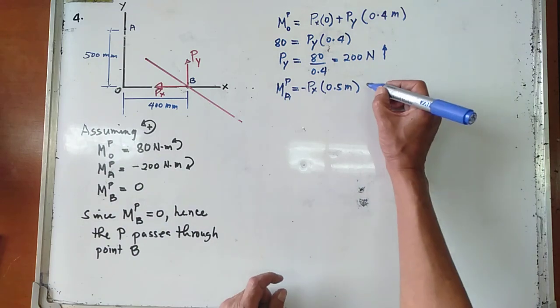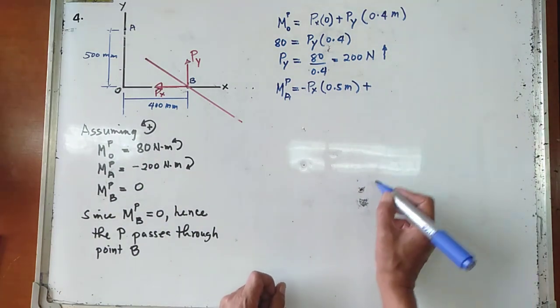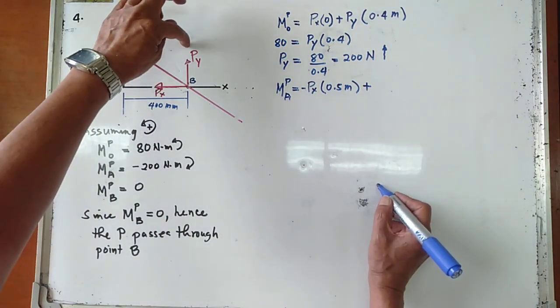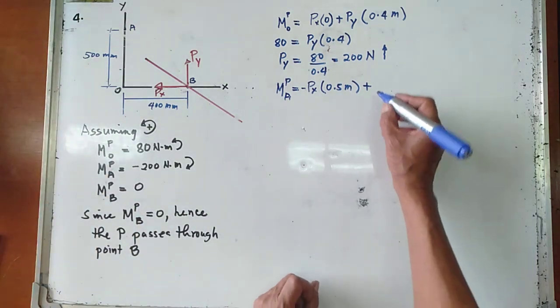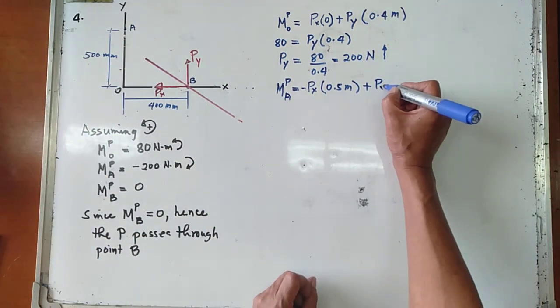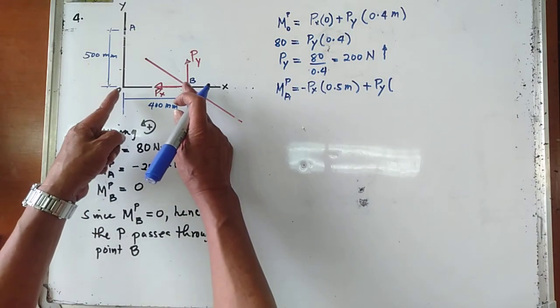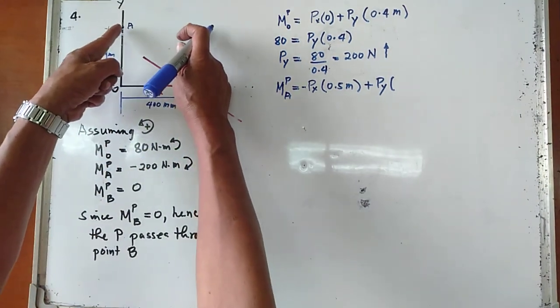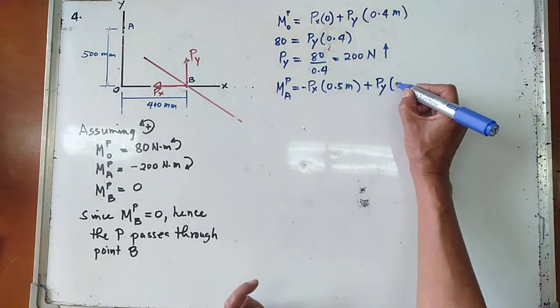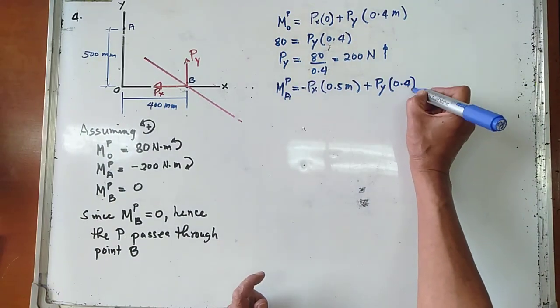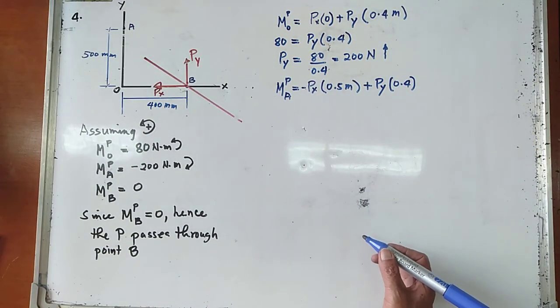We have plus Py, so that is going counterclockwise. Plus Py, multiply this one by the moment arm about point A, and that one is equal to 0.4 meters.